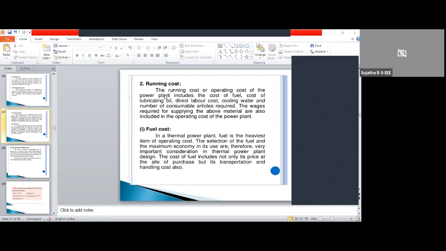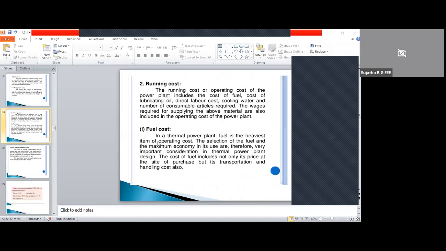So then labor cost, then cooling water. This all comes during the operation of the power plant. So that's why it is also called operating cost. And any consumable articles that are required, whatever you are paying, that will come under running cost. The wages also required for supplying the above materials should be considered in the operating cost of the power plant.